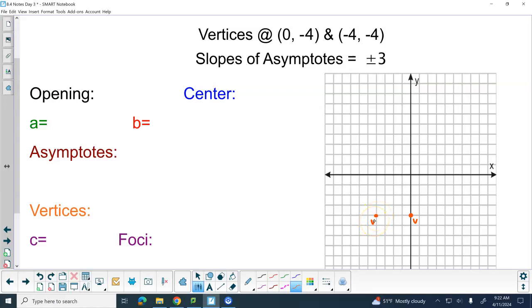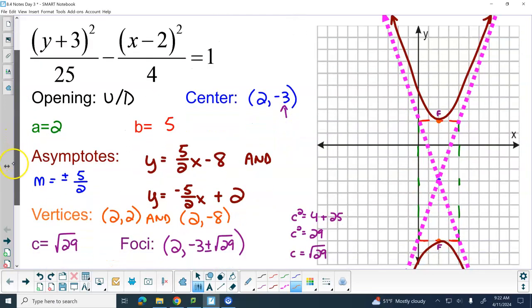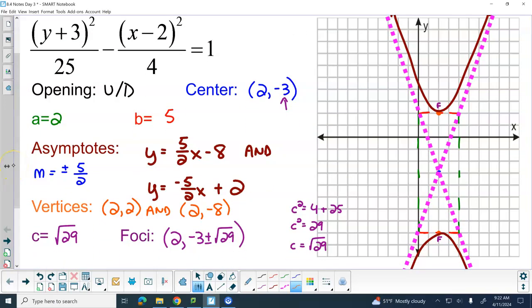Okay? So I would have that scenario just off of those, correct? Okay. Now, if I go back to a graph, where is the center of the hyperbola in relationship to the 2 vertices?